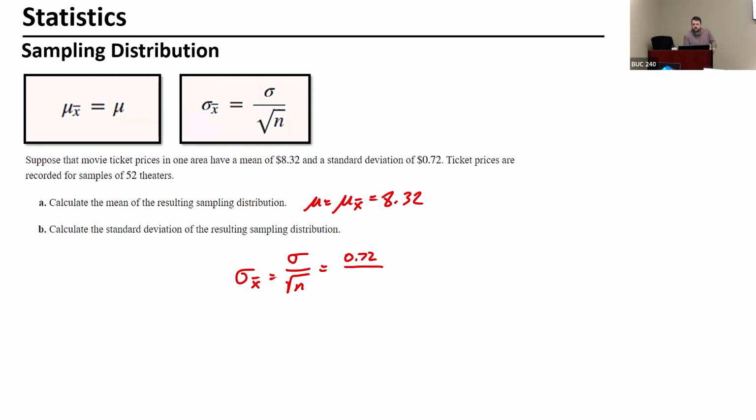What's my sample size? 52. What we got? .0991. 0.1. Good. Okay. Now, let me show you what you just saw.